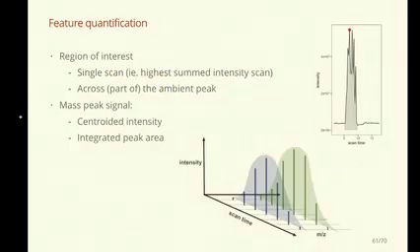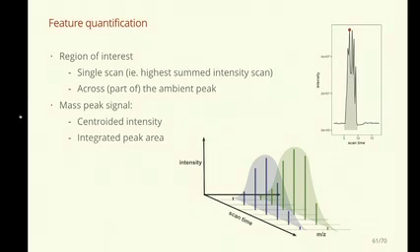So feature quantification. We started this talk with: should we focus on a single scan? Should we focus across part of the ambient peak? And I can say that for better reproducibility of your data, it's better to focus across the ambient peak and some of the different intensities across the scans.